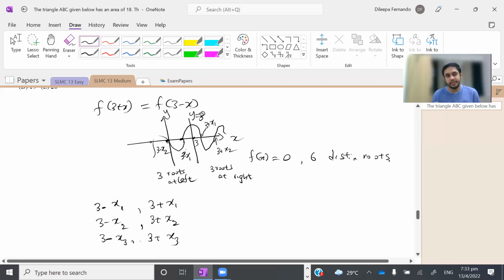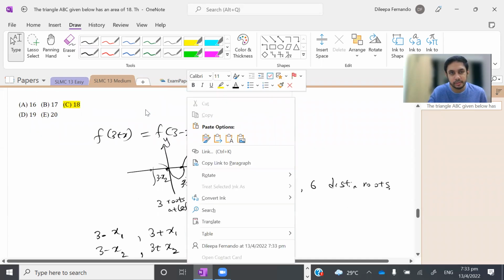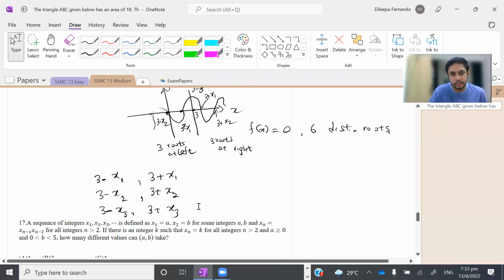Now the question is the sum of the roots. So the sum of the roots can be easily calculated.